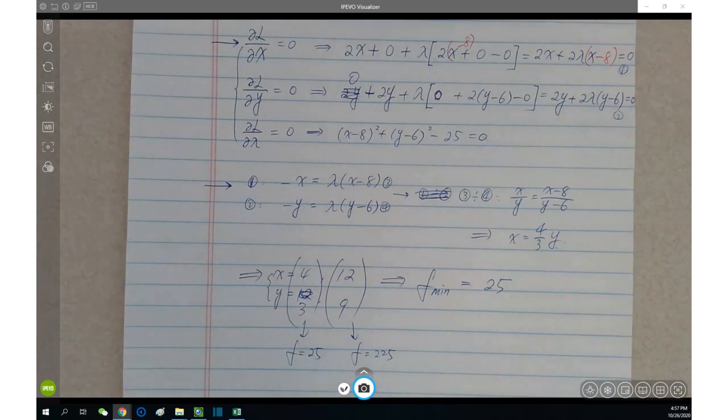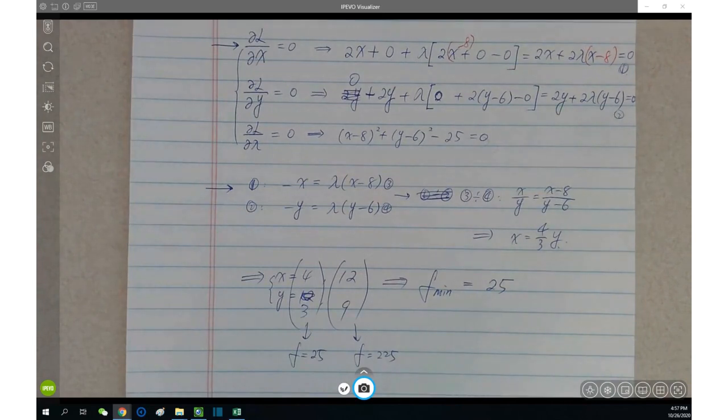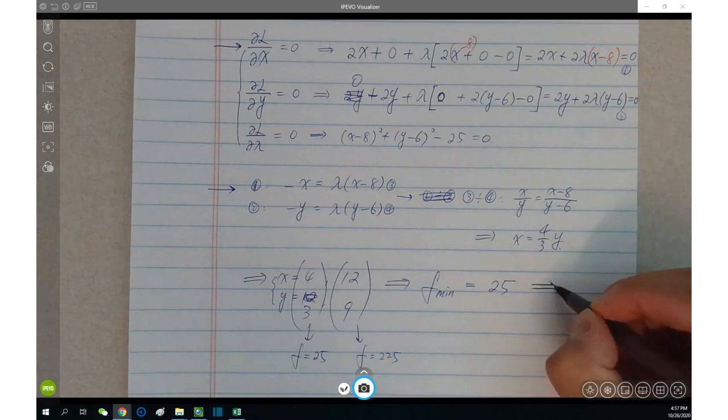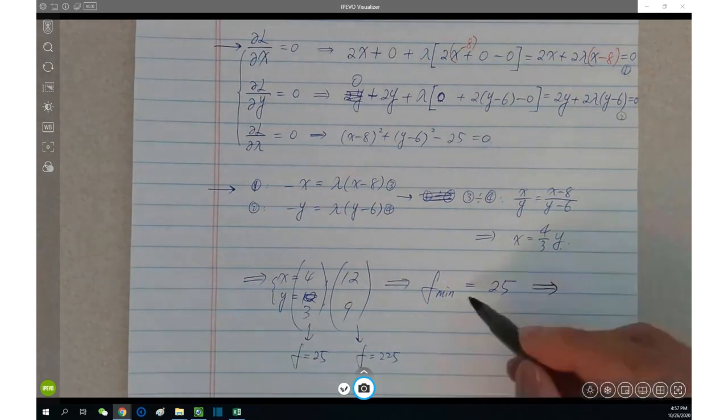Any questions? Are we done here? You have the point. Now I gotta calculate the distance. Very good. Now this is another mistake, very popular. We're not done yet. You just found the minimum value of f.